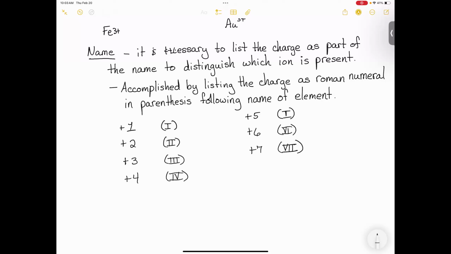All of those are added up, and therefore to make a +3 charge takes a lot of energy. To make a +7 charge is going to take a lot of energy. So we don't have a whole lot of atoms that will make a +7. We don't have a whole lot of atoms that will make a +6, but they do exist.